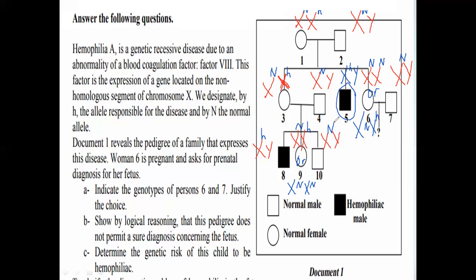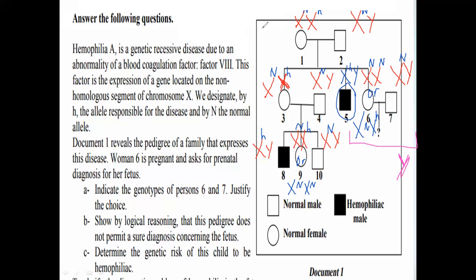Part B: show with biological reasoning that this pedigree does not permit a sure diagnosis concerning the fetus. Who is the fetus? The child of 6 and 7, who are normal. But the female can be XN XH or XN XN, so the fetus for sure is going to inherit the Y from the father if it is a boy.